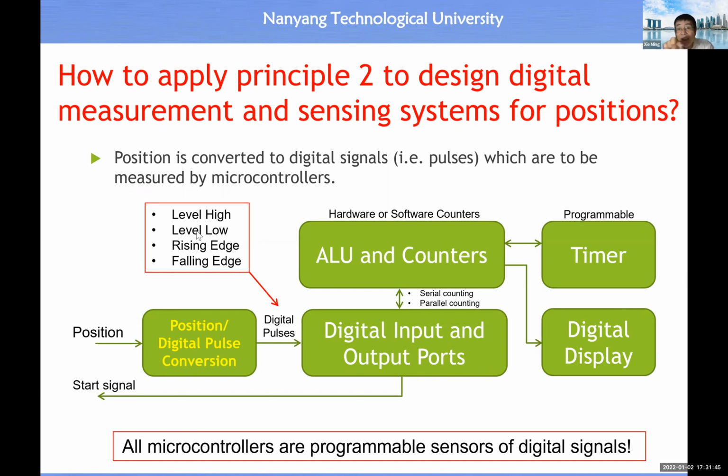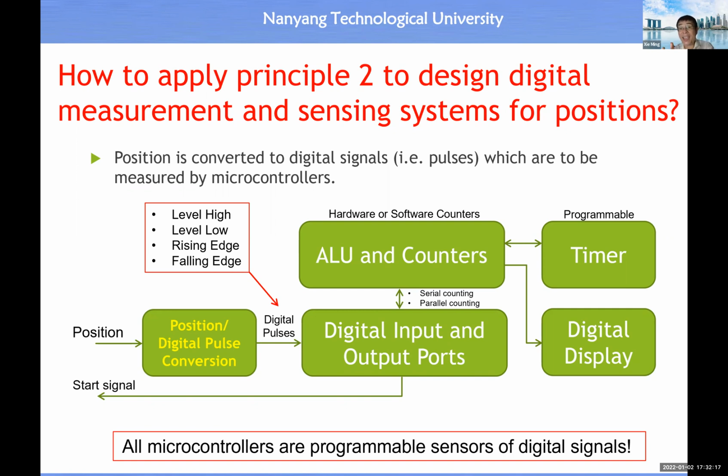For example, inside this pulse, we have an indication of level high, 5 volts, and level low, 0 volts. That means 0, 1. The transition from low to high, we call a rising edge, and the transition from high to low is a falling edge. So microcontrollers are able to make a distinction among these 4 events or 4 active signals.